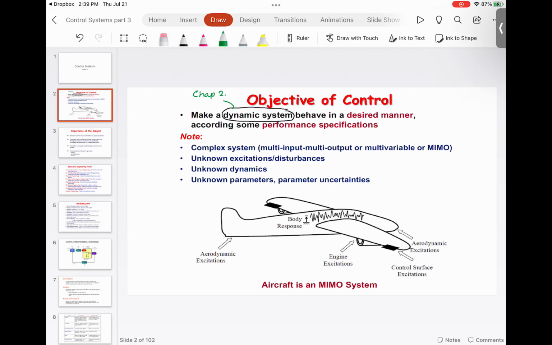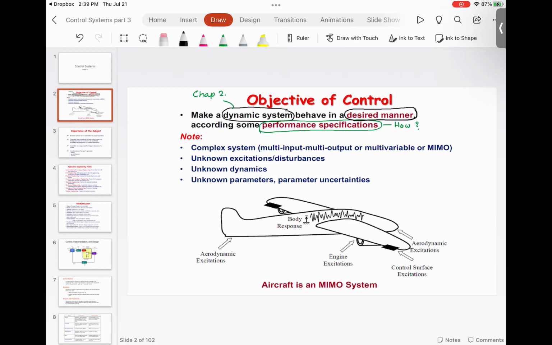Now what we want to do is, we want this system to behave in a certain way, and that is described in these performance specifications: how do we want this system to behave, whether it should respond quickly, whether it should respond sluggishly, whether it should be robust to disturbance, or whether it should be very agile, like an F-16. And then in this chapter, we are going to talk about how do we control the system so that it behaves the way we want it.